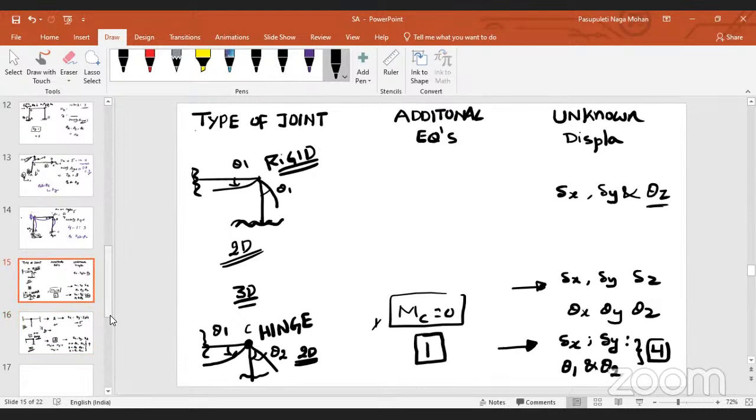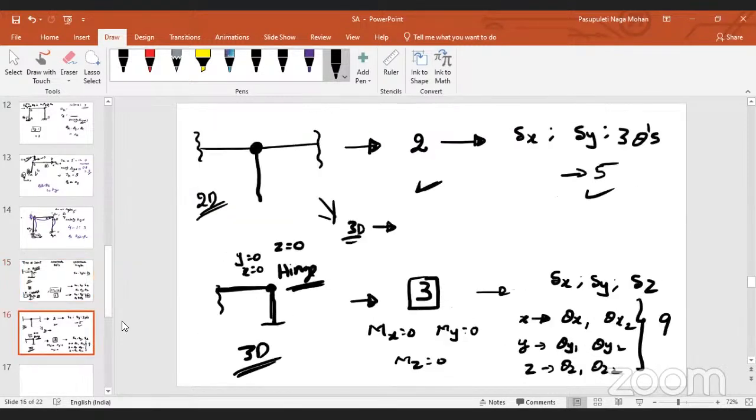If it is 2D, we are taking 1. If it is 3D, multiply by the number of directions. How many directions? 3. Just apply the same logic. 3 into 2, 6. You have to visualize those 6. Then only you can solve each and every problem.